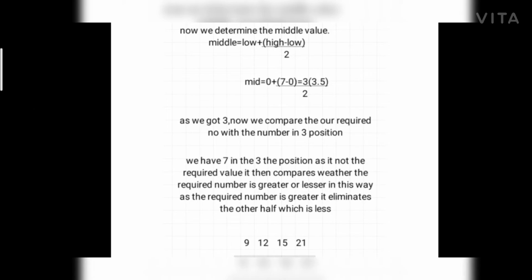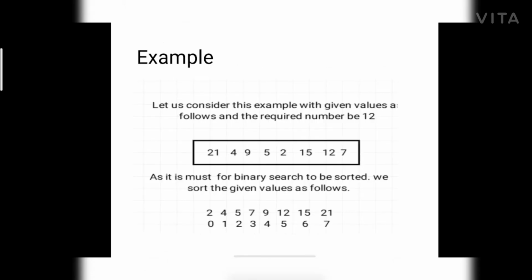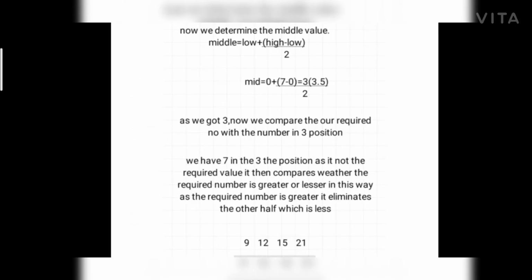Low means the lowest position and high means the highest position. The highest position is 7 and the lowest position is 0. By substituting the values, we get 3.5. As I said earlier, if we have 3.5 or 4.5, we consider it as 3 or 4.